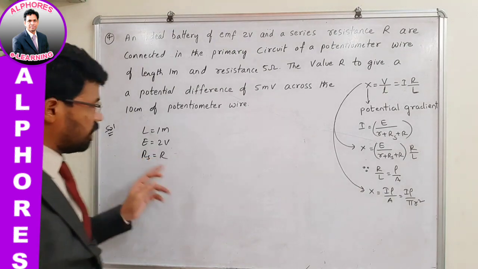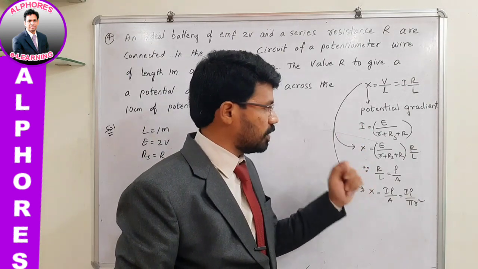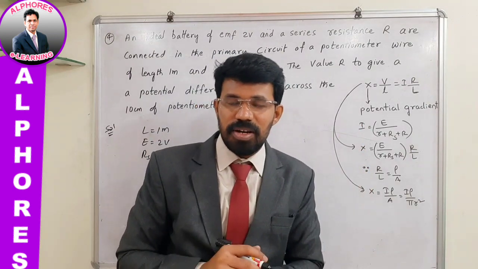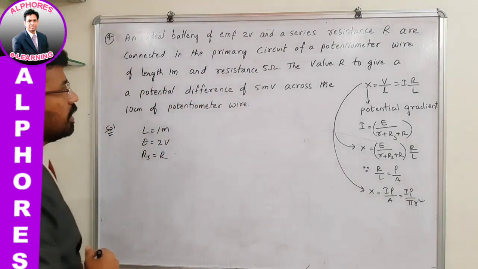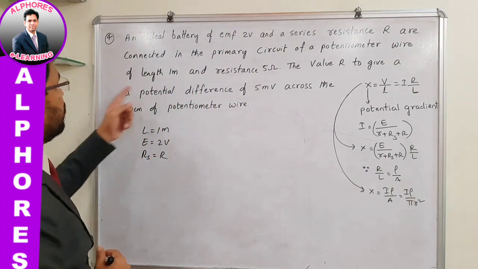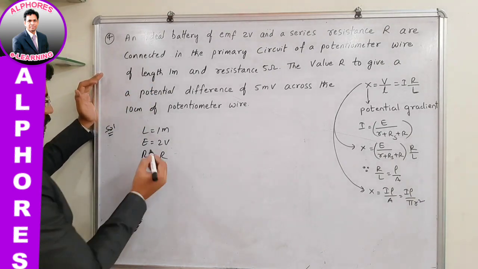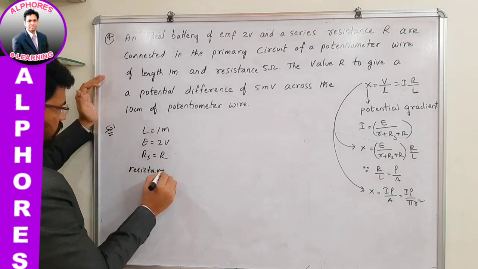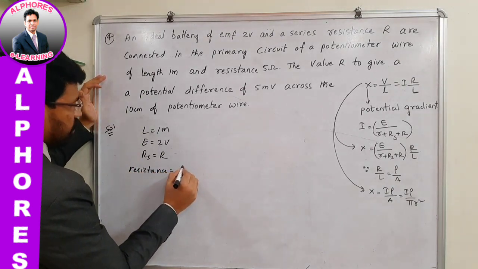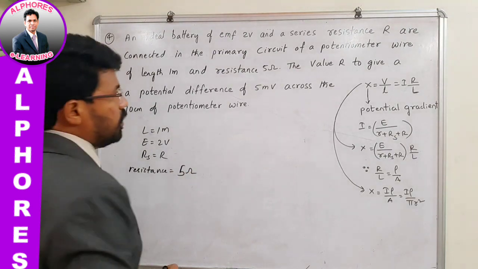So far in this data we have used capital R to denote the resistance of the potentiometer wire. We have to be very careful. The length of the potentiometer wire is 1 meter, and the resistance of the potentiometer wire is 5 ohms. What is this value R?